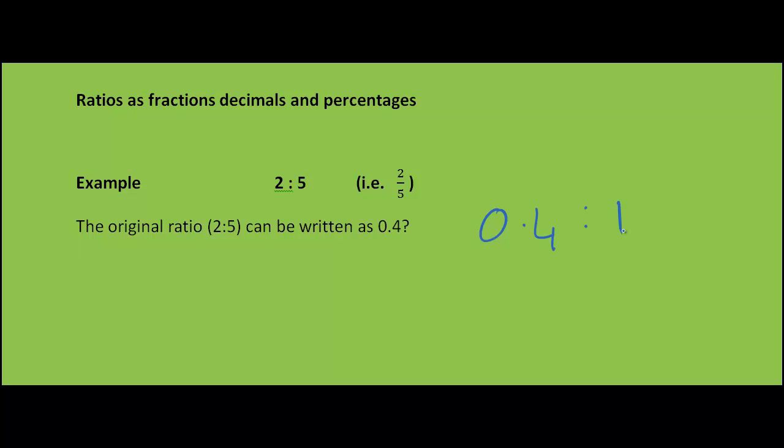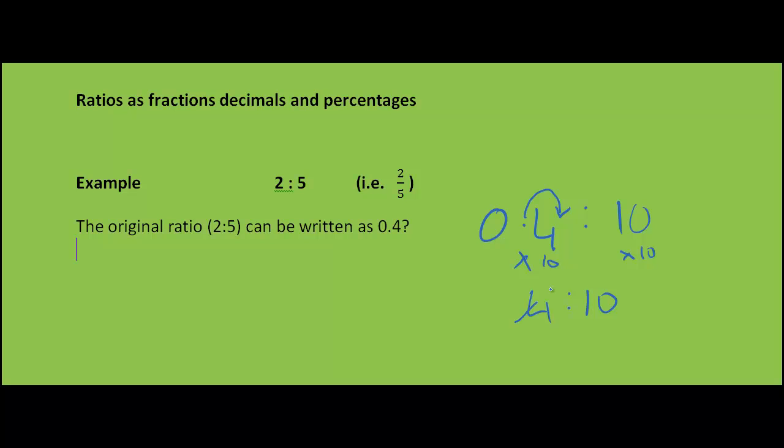If the numbers in the ratio 0.4:1 were multiplied by 10, if I multiplied this side by 10, I would move the decimal point 1 place, and if I multiplied the other side by 10, this would become 10. So I'd end up with the ratio 4:10. A number that can go into both 4 and 10 without any remainder is 2.